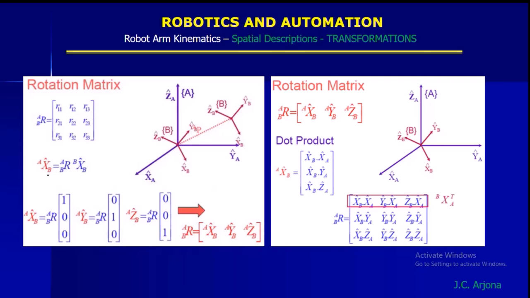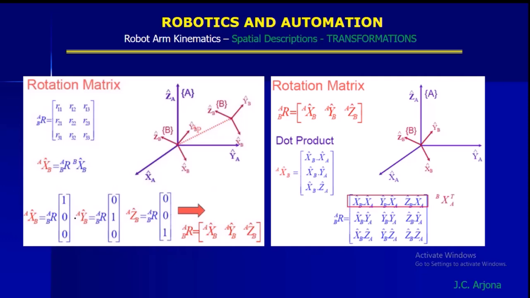And to determine the XB to A, we take the rotation matrix and multiply that with the XB with respect to the frame B. And here it is. The XB to A will be equal to R B to A multiplied with the matrix 1, 0, 0.